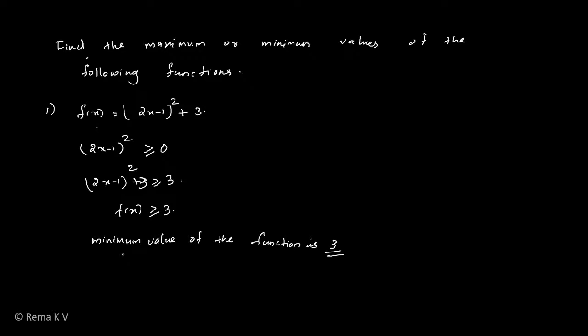What will be the point of minimum value? That is, at which point you are getting this equal to 3?